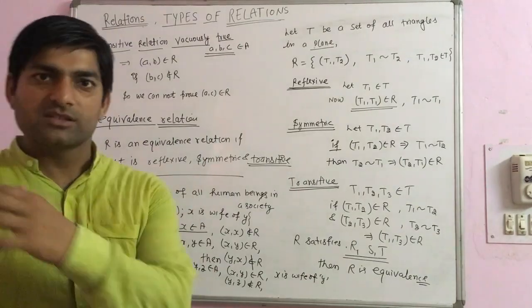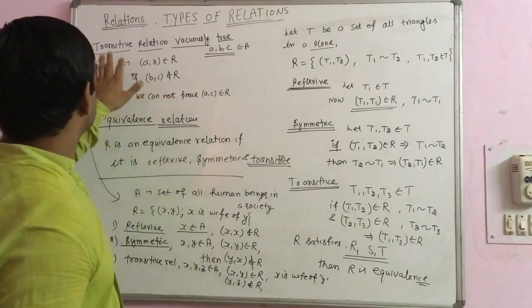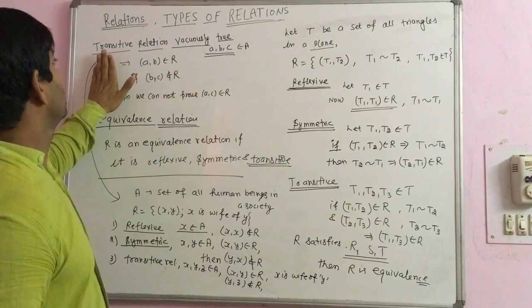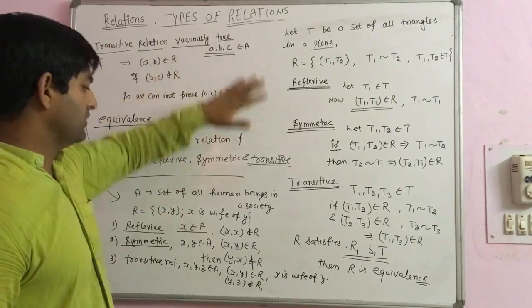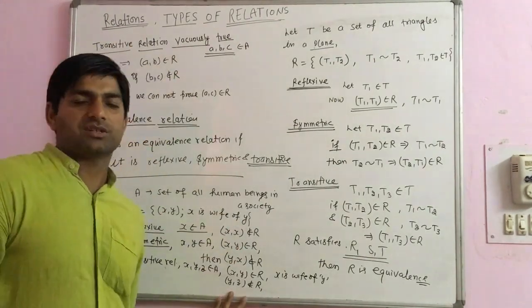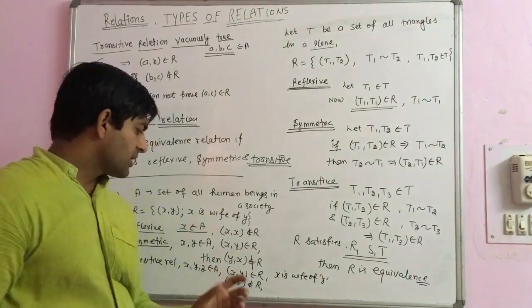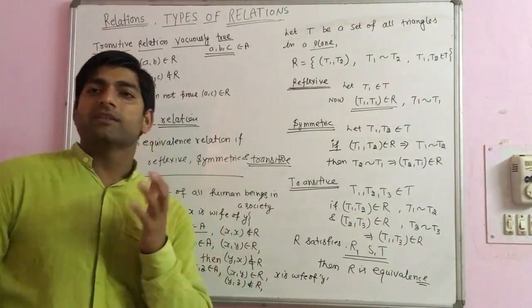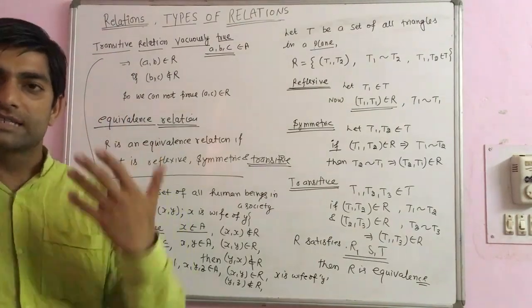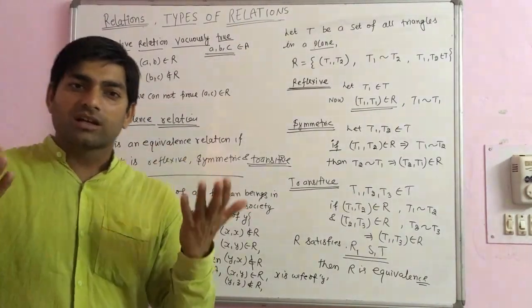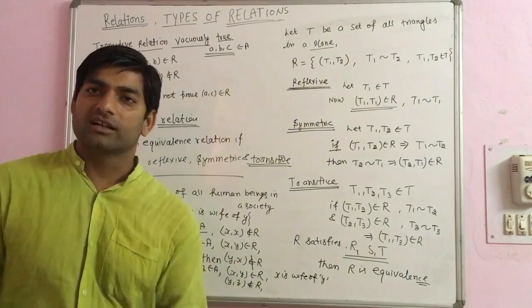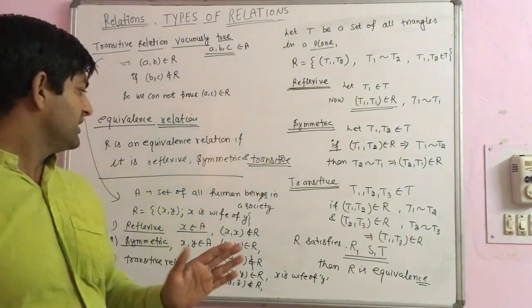When there is absence of the second condition, transitive relation is vacuously true. It means this relation is transitive. I repeat, because we are not able to write our second condition, and without writing the second condition, how can we come to the conclusion of the third condition? That's why it is vacuously true.